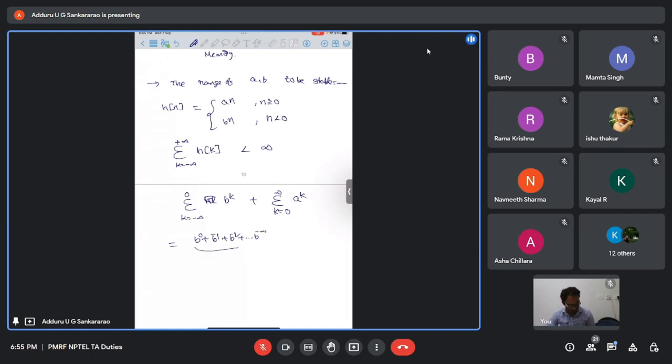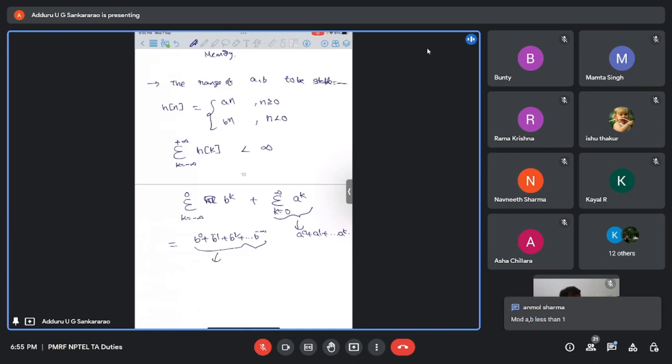This entire thing should be a finite quantity. When will that happen? The second term is a power 0 plus a power 1 plus so on plus a power k.